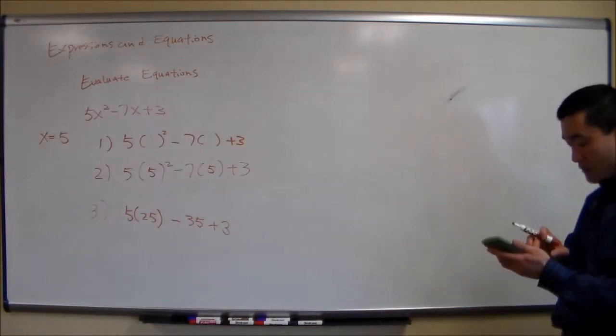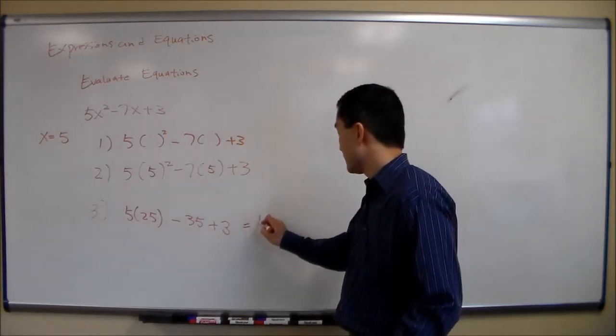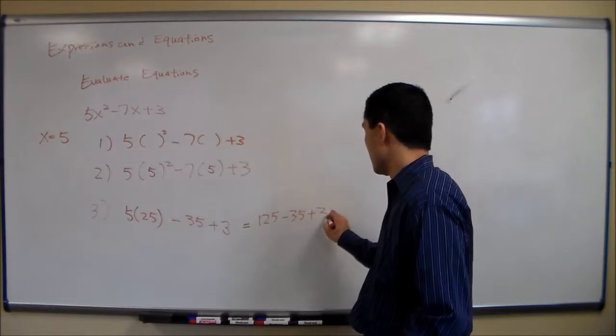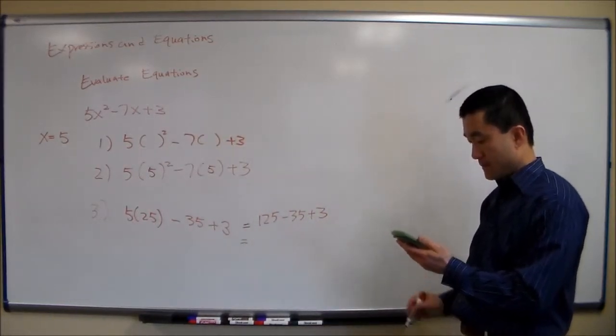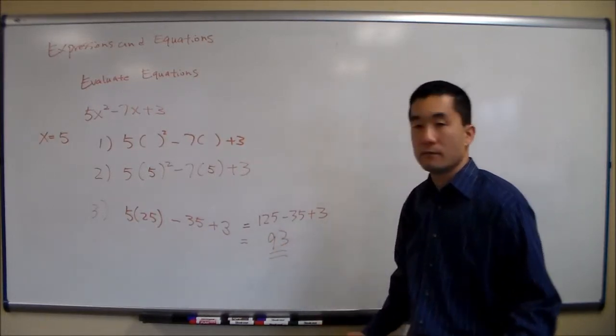So 5 times 25 is going to be 125 minus 35 plus 3. That's going to be 93. That's your final answer.